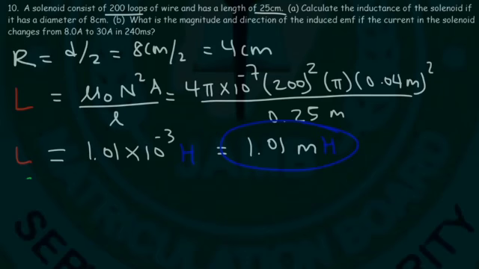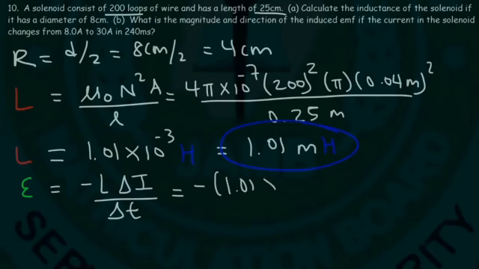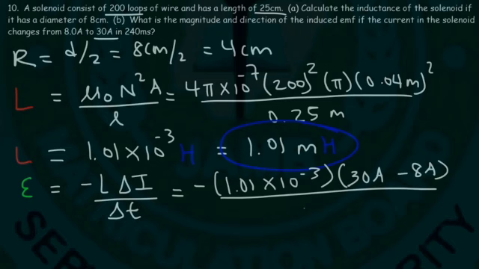Now let's calculate the induced EMF. This is equal to negative L times the change in current divided by the change in time. So we have the value of L. It's 1.01 times 10 to the minus 3 henries. The change in current: the final current is 30 minus the initial current of 8, divided by delta T. 240 milliseconds is 0.24 seconds.